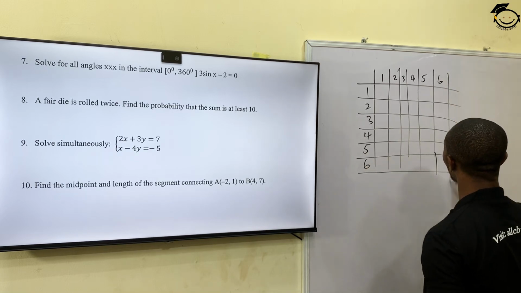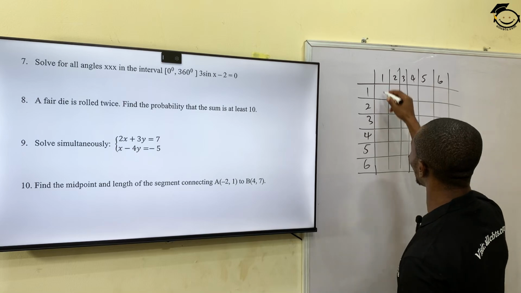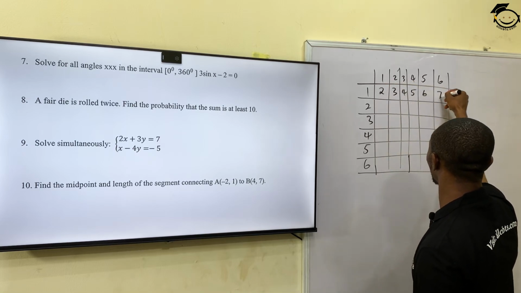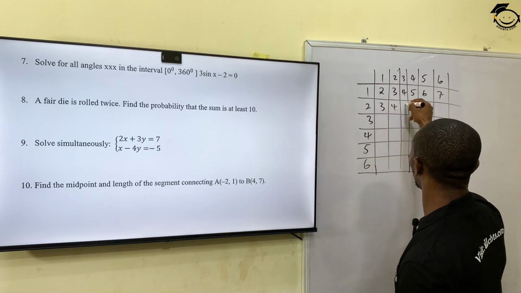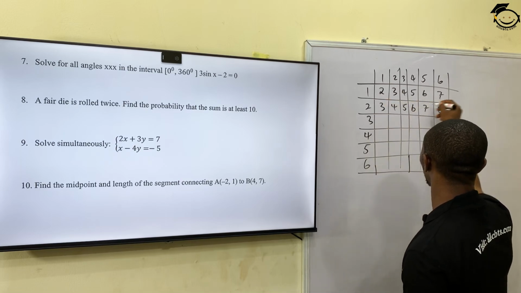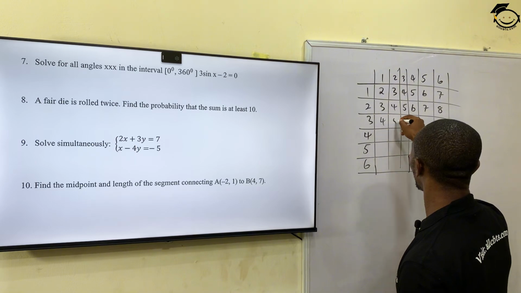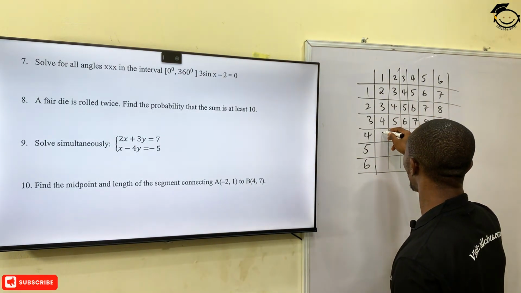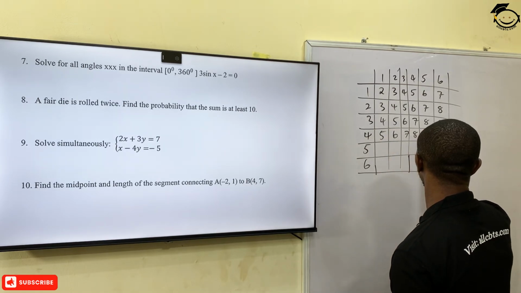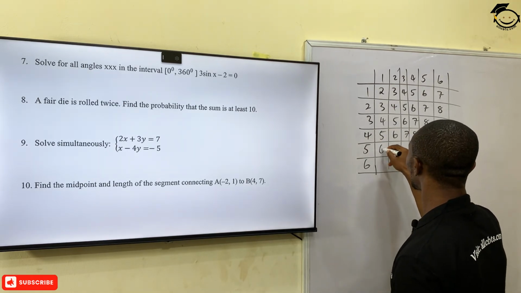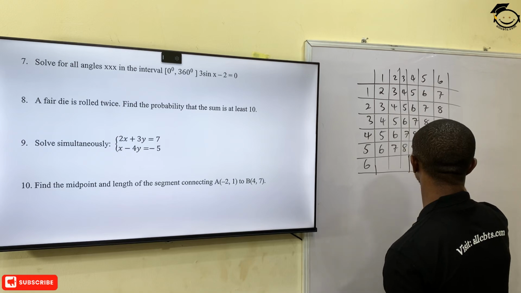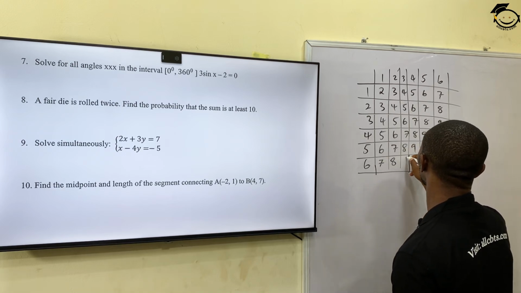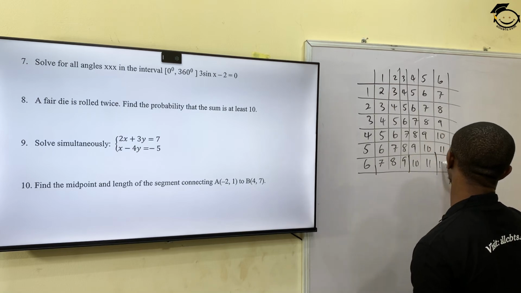Knowing this, 1 plus 1 gives us 2, 3, 4, 5, 6, 7, then 3, 4, 5, 6, 7, 8, then 4, 5, 6, 7, 8, 9, then 5, 6, 7, 8, 9, 10, then 6, 7, 8, 9, 10, 11, then 7, 8, 9, 10, 11, and 12.